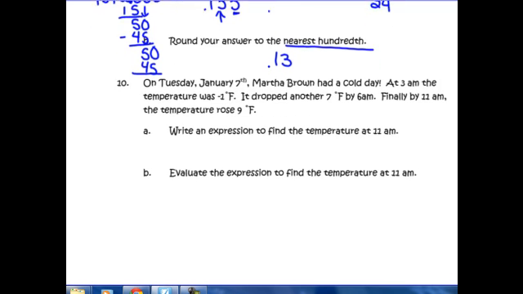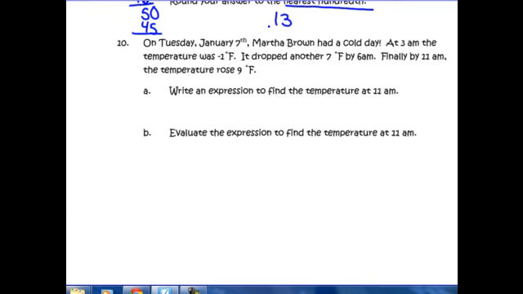And the last question for today for the review. On Tuesday, January 7th, Martha Brown had a cold day. Yes, we did. At 3 a.m., the temperature was -1 degrees. It dropped another 7 degrees by 6 a.m. Finally, by 11 a.m., the temperature rose 9 degrees. Write an expression to find the temperature at 11 a.m. after it finally rose there. So my starting temperature was -1.